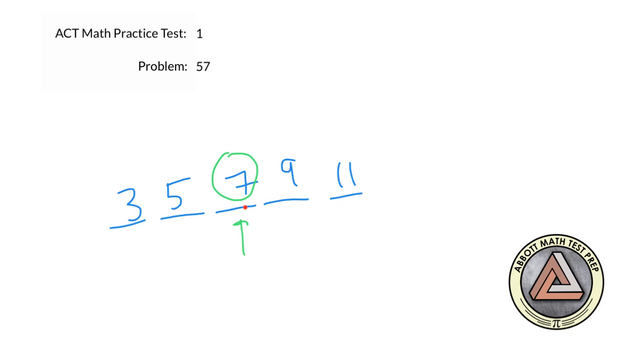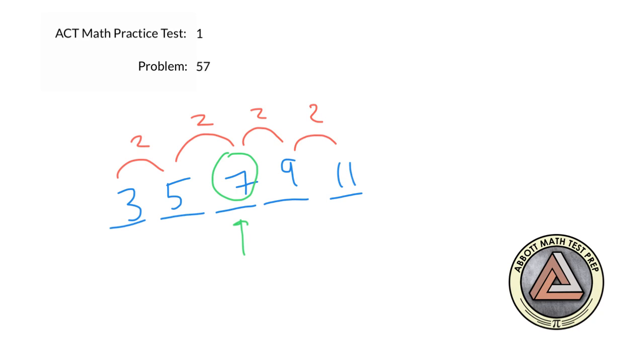Now, I'll just tell you right now, when it comes to arithmetic sequences, the median will always equal the mean. That's not true for any list of numbers, but it's definitely true for an arithmetic sequence. So the median and the mean will always be the same if these numbers are spaced apart by the same amount of units, also known as an arithmetic sequence.